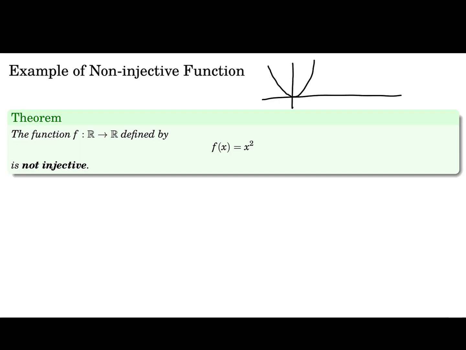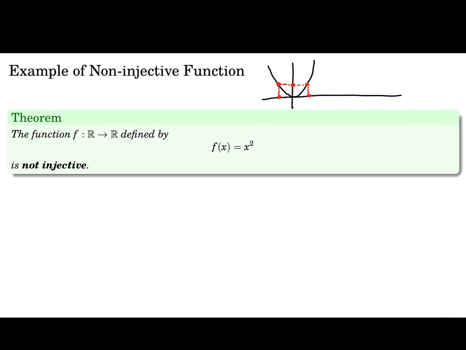And the idea is that now we want to show that we can have two points that have the same output. If we look at the parabola, you can see that if I take a point here in the output, it shows me that there are two points in the input that lead to it.